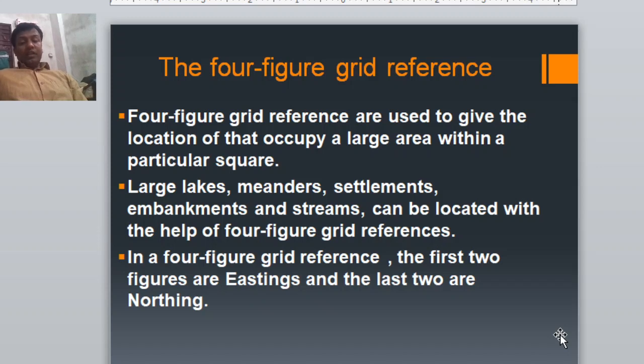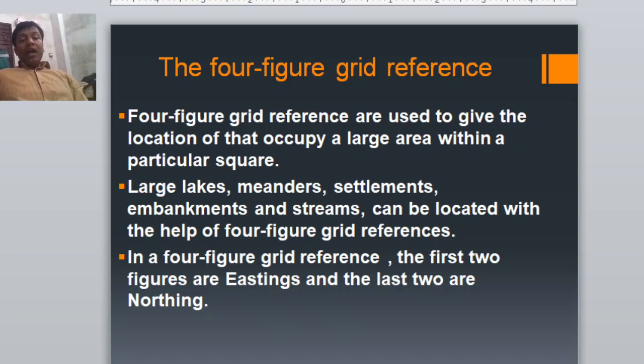In a four-figure grid reference, the first two figures are easting and the last two are northing. Keep in mind, it is a very essential concept for you. When you miss this concept, definitely you go the wrong way in reading your topographical sheet, and your answer will be wrong.